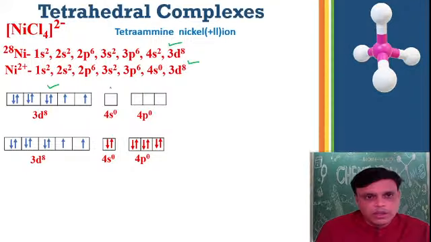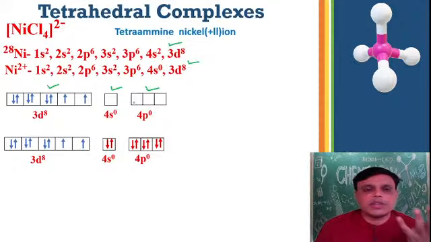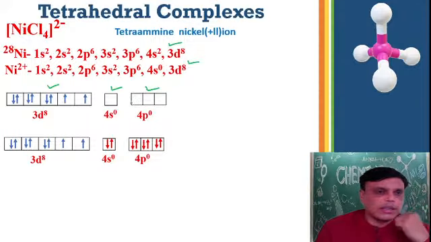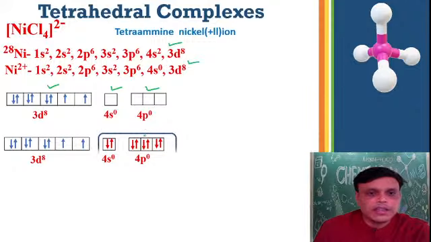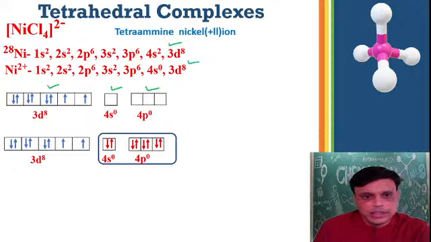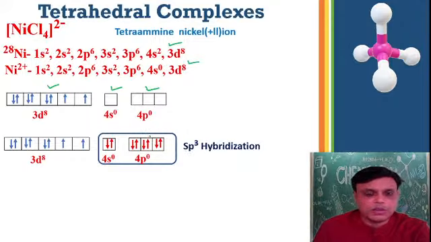Now here 1 s and 3 p orbitals are vacant, equal to its coordination number. The coordination number of this NiCl4 complex is 4, so 4 vacant orbitals are there. Now these electrons are donated by the ligands, and these orbitals, 3p and 1s, will undergo the process called hybridization, and it shows sp3 hybridization.